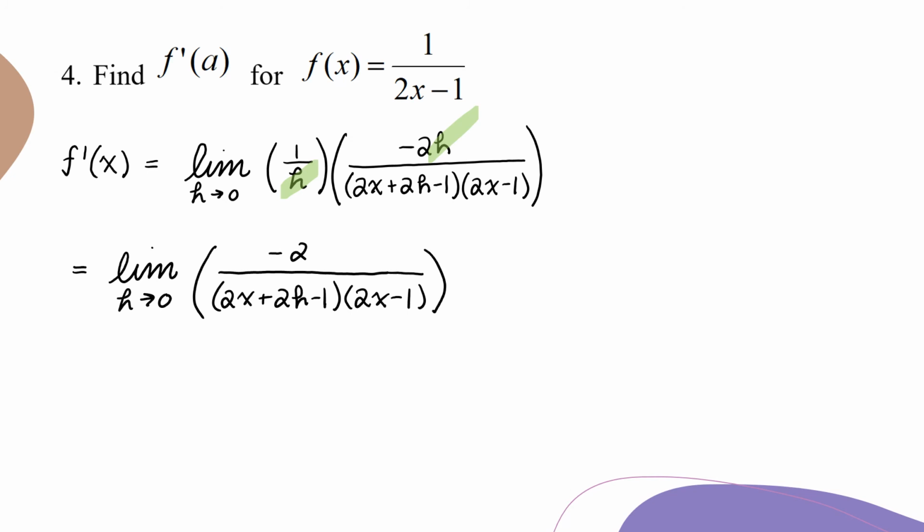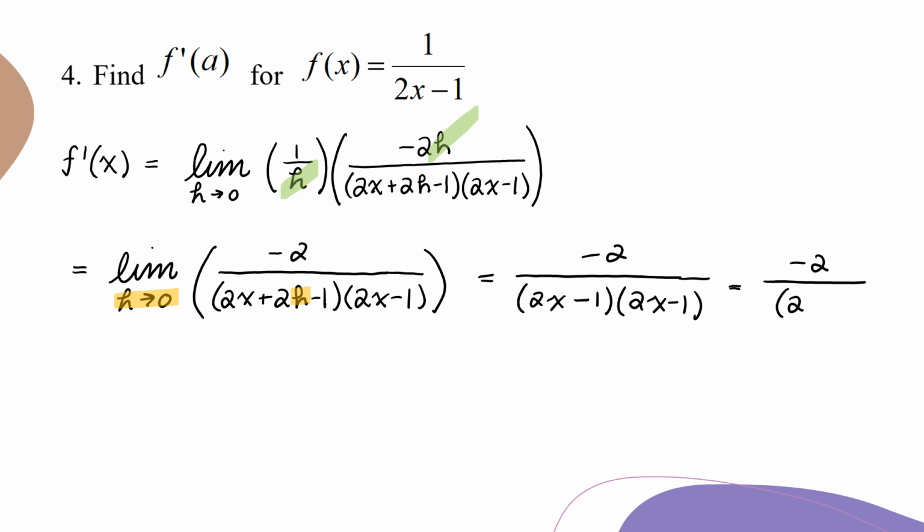And now h is approaching 0, so I can substitute 0 in for my h's. And this is equal to negative 2 all over 2x plus 0, so that's just 2x, minus 1 times 2x minus 1. So that'll be negative 2 over the quantity 2x minus 1 squared.